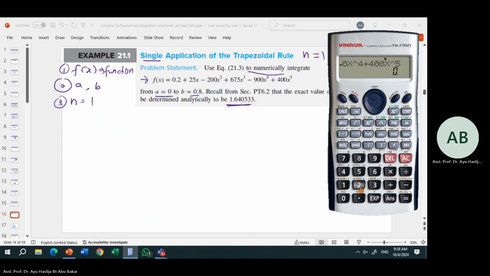Then, after you key in the function, comma, use this comma. Then key in your range, A and B. A is 0, comma, B, 0.8.